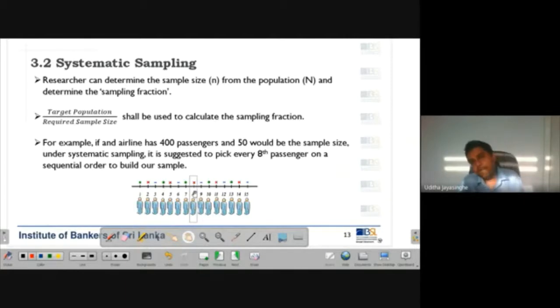Let's say this particular survey is about the airline food, and 80% of your meals are non-vegetarian, and there will be only one vegetarian meal. And then you need to do this survey to find whether people are happy about your vegetarian or non-vegetarian meals.